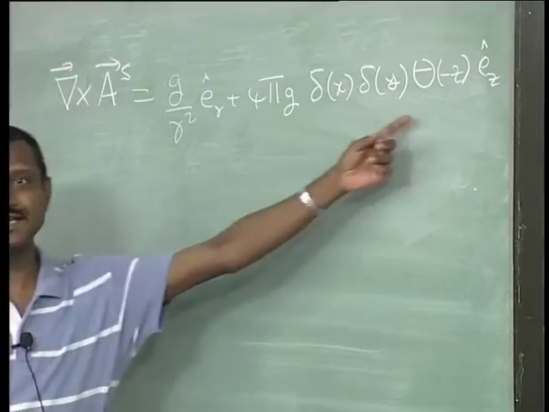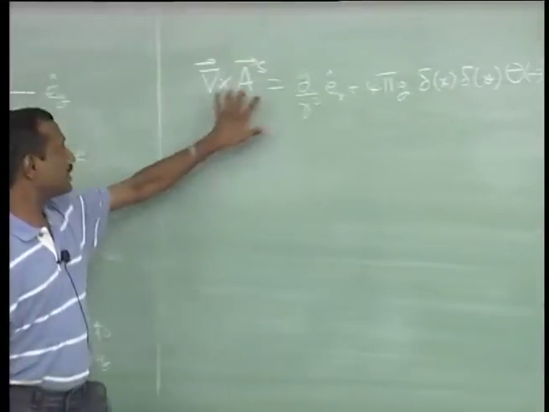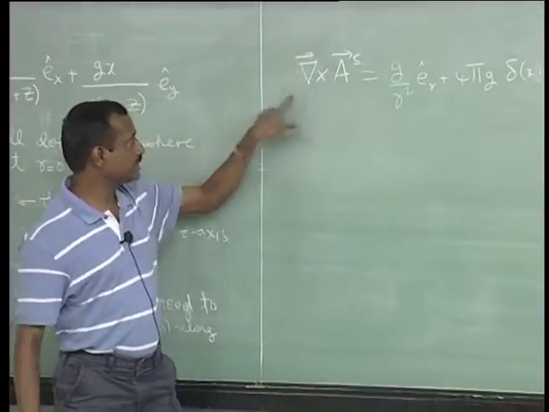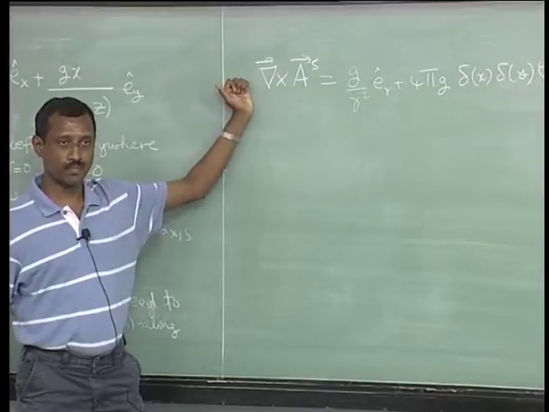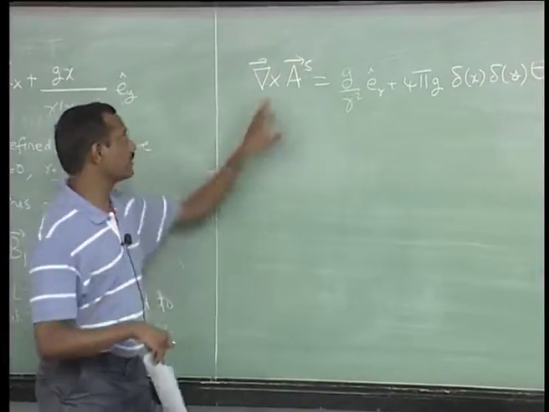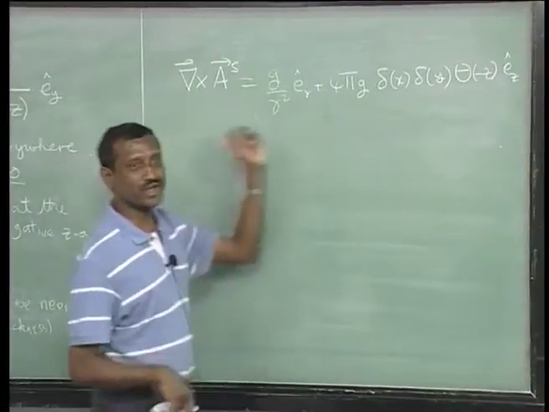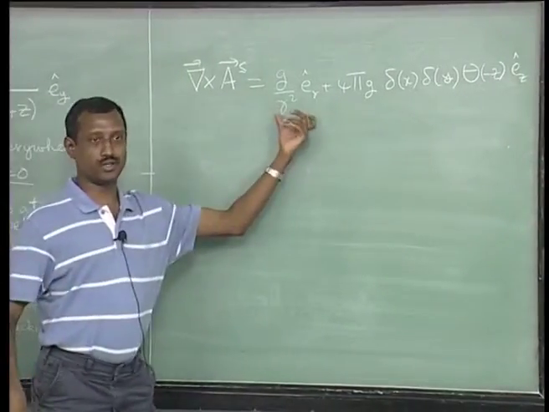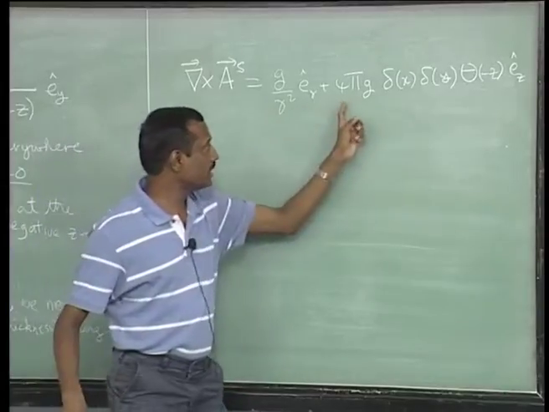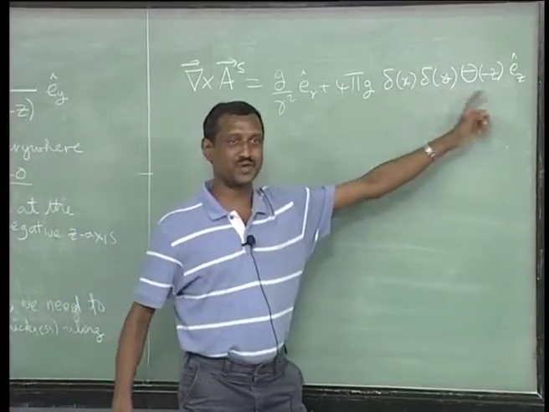If you did a flux integration with this, this integral should give 0. So there are two contributions to del cross A_S. One is it agrees with B everywhere, but along the negative z axis there is this contribution.